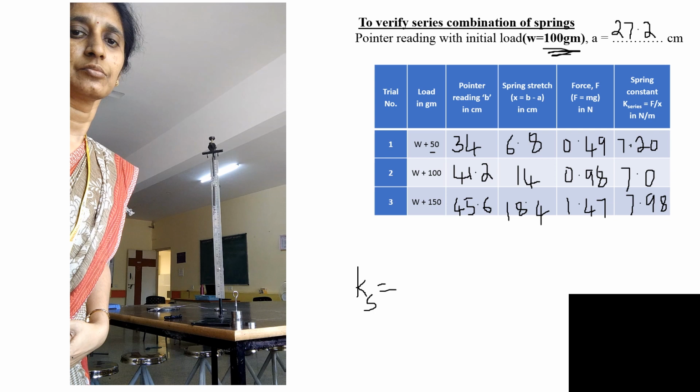K series comes out to be 7.39 Newton per meter.